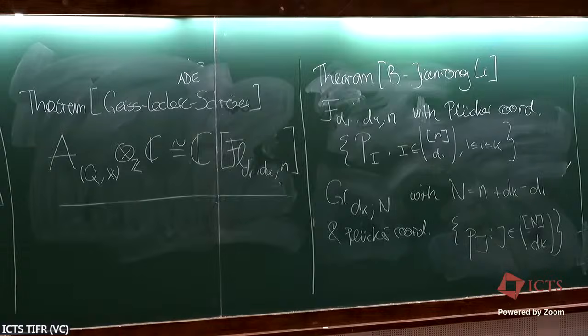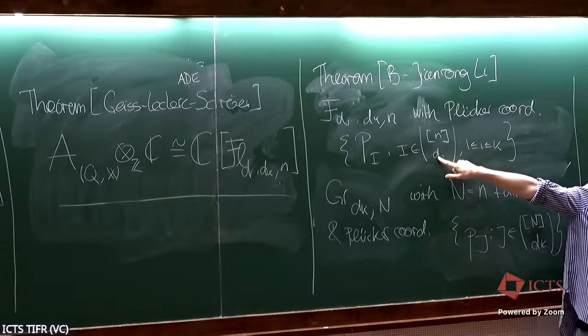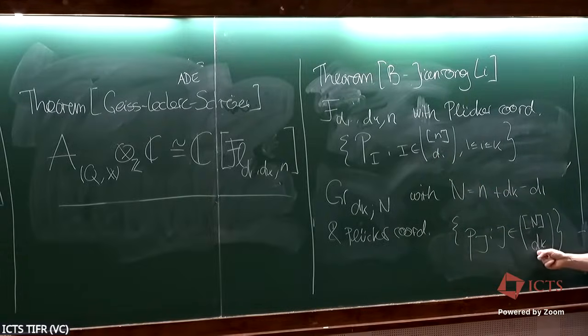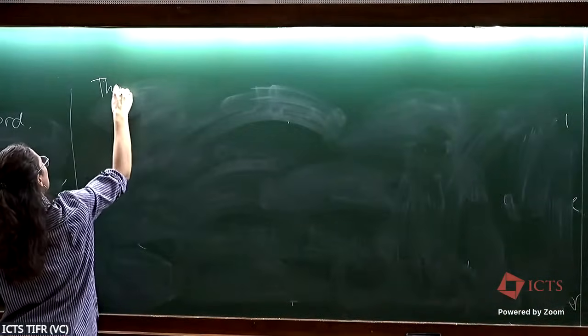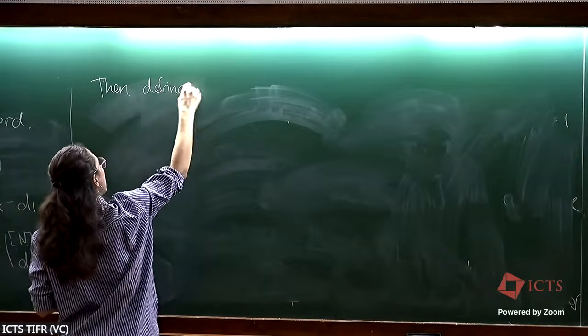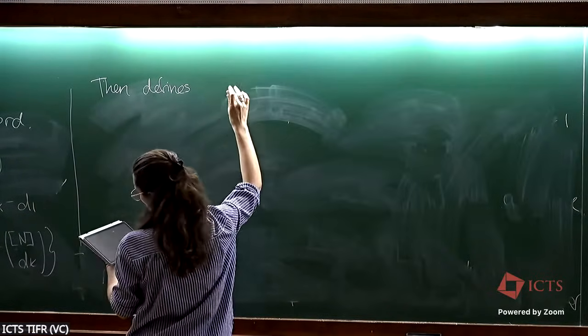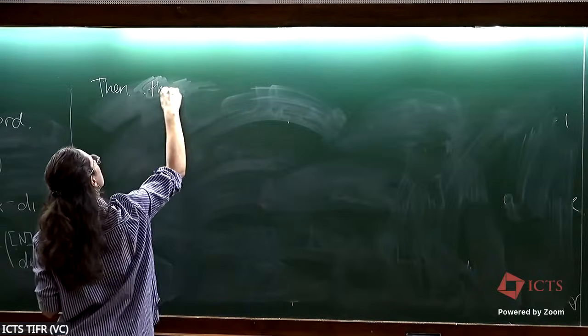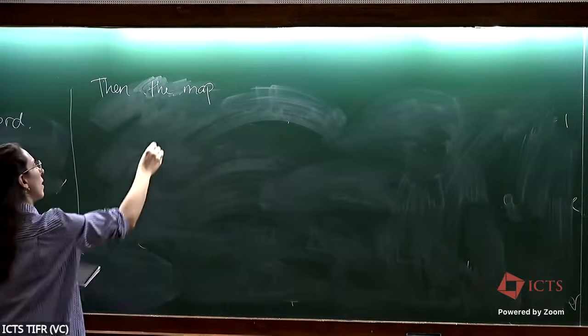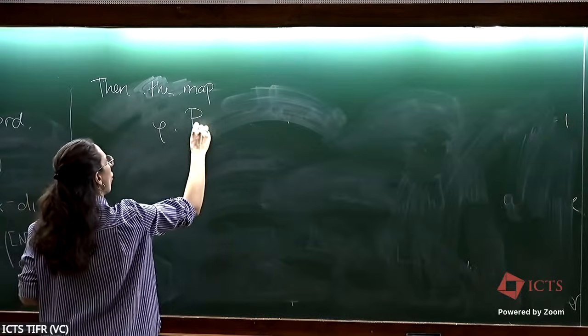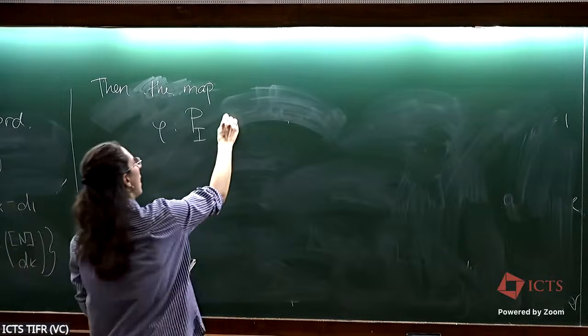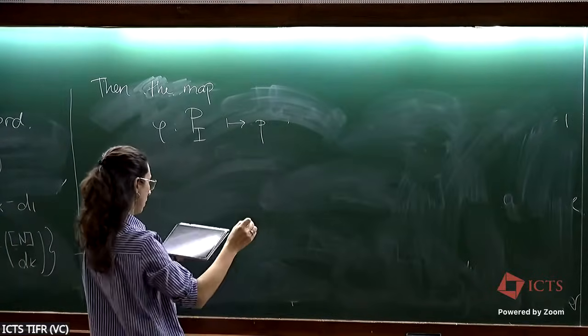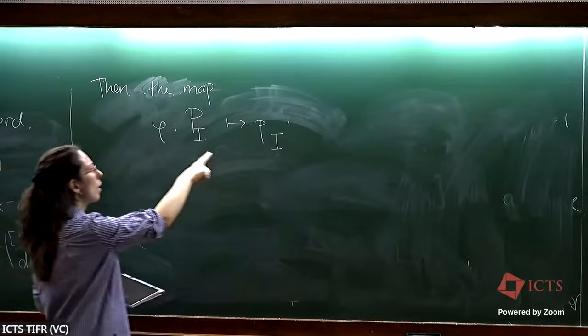Then combinatorially, there are many ways how I can get from an index set of cardinality sum of the d_i's to an index set of cardinality d_k. And that defines the map. So I take a Plücker coordinate of my flag variety, and I send it to a Plücker coordinate in this Grassmannian by filling up my index set.